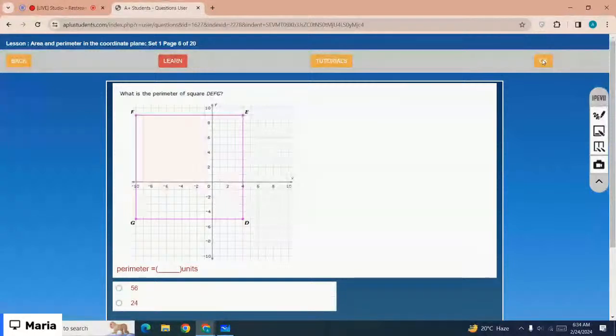What is the perimeter of the square? You need to calculate the perimeter, right? That is 1, 2, 3, 4, 14. I think all the side lengths are equal to 14. So which is the correct option?